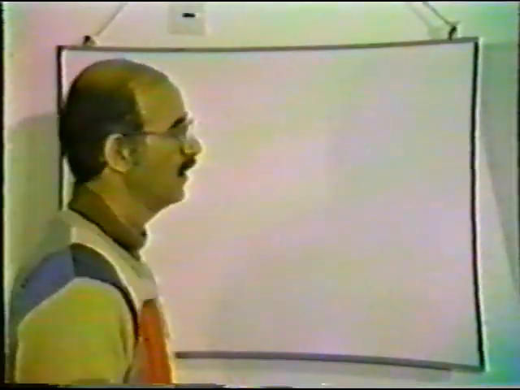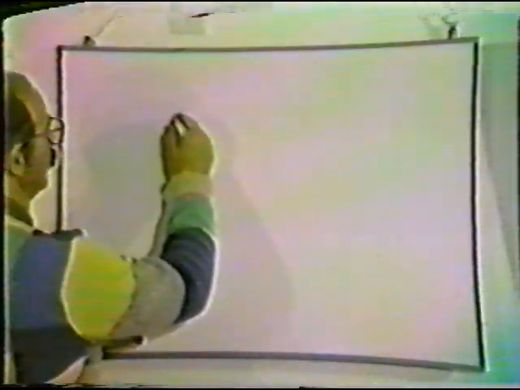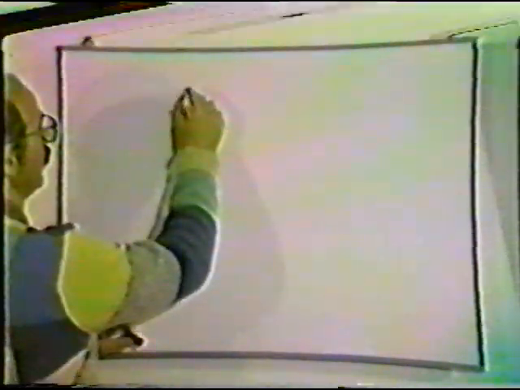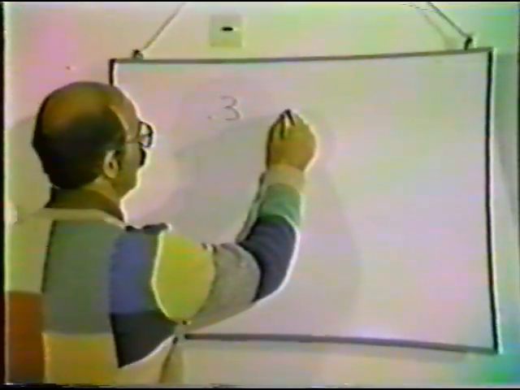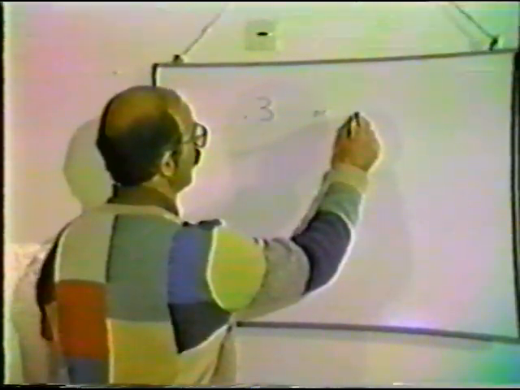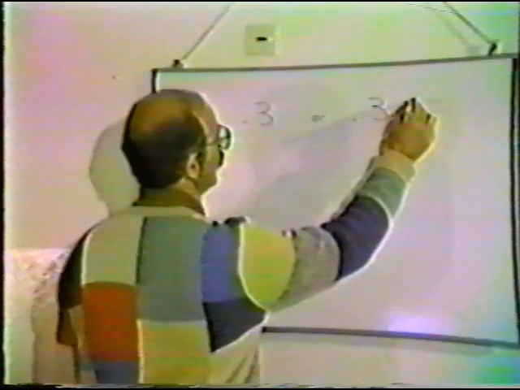Sometimes you need to be able to look at two different decimal numbers and be able to tell which one is the larger. For example, 0.3 or 0.30.